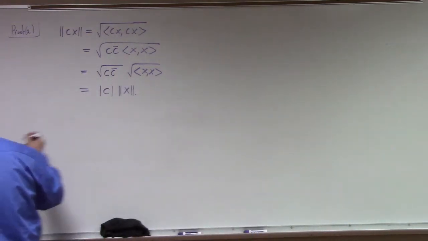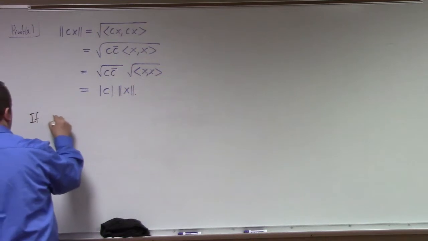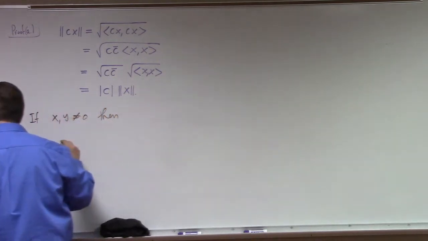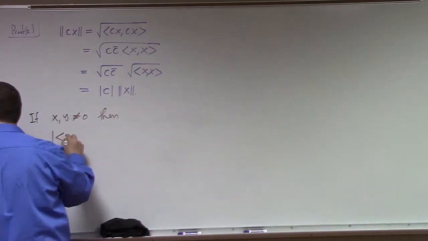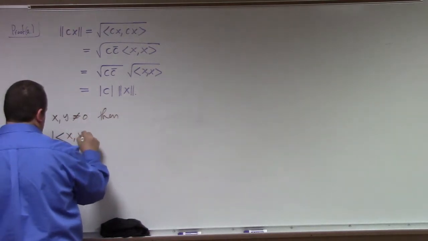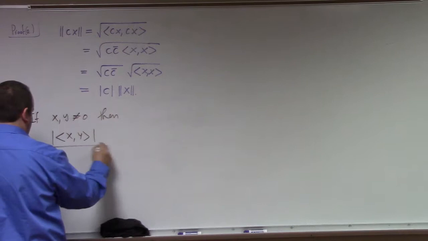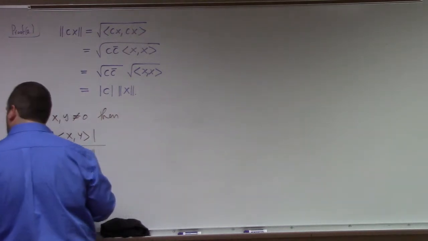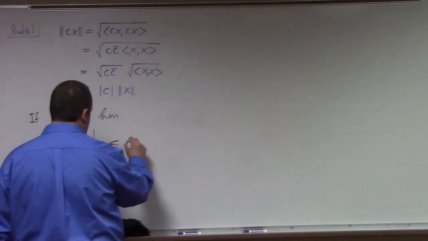Okay, so notice this. If x and y are not equal to 0, then what do we have? We have that the absolute value of the inner product of x and y, divided by the norm of x times the norm of y, is less than or equal to 1.